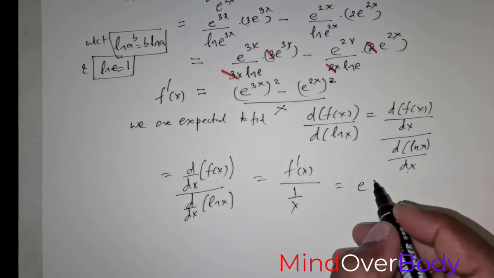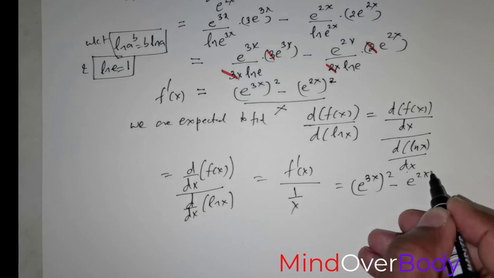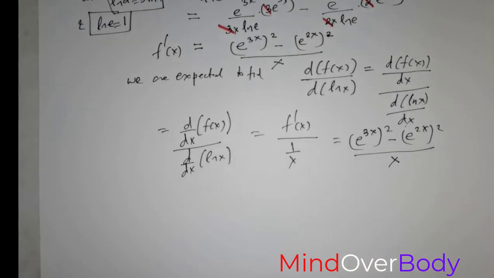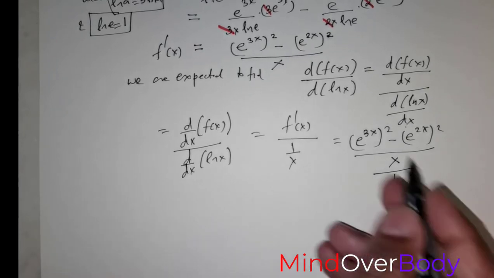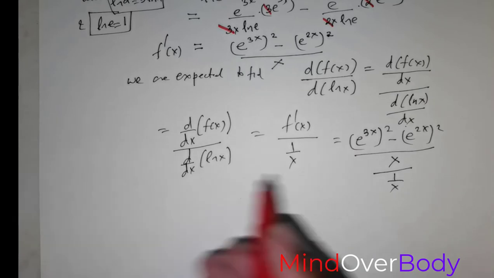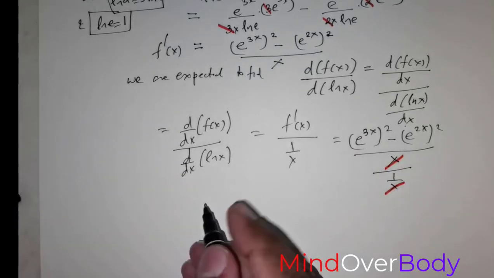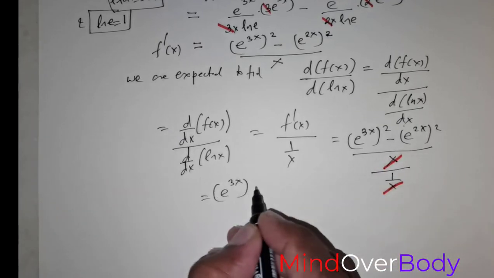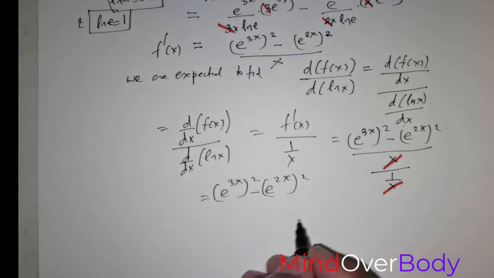So let's write that: (e^(3x))^2 minus (e^(2x))^2, divided by x. Now this is divided by 1 over x. So if I were to flip it, clearly the x and x can be cancelled. So that would give me (e^(3x))^2 minus (e^(2x))^2.